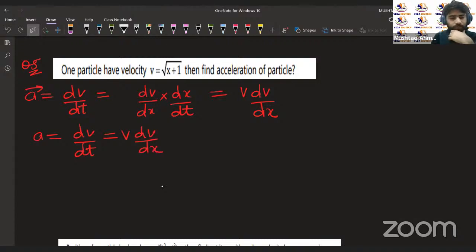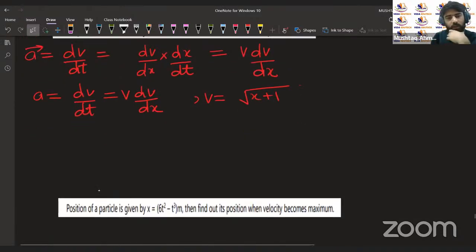Correct? Here v is given as under root of x plus 1. If v is under root of x plus 1, we can write v square equal to x plus 1, right?